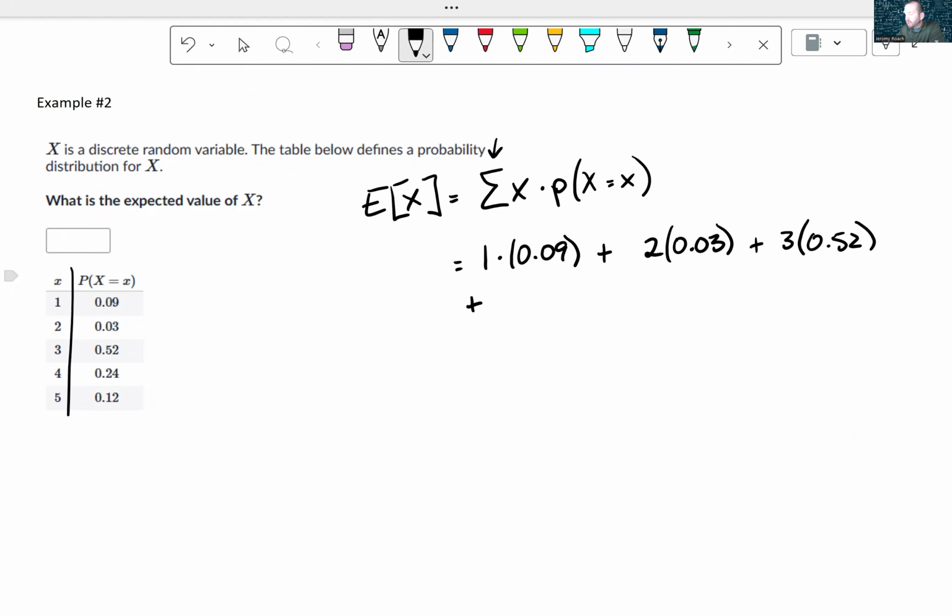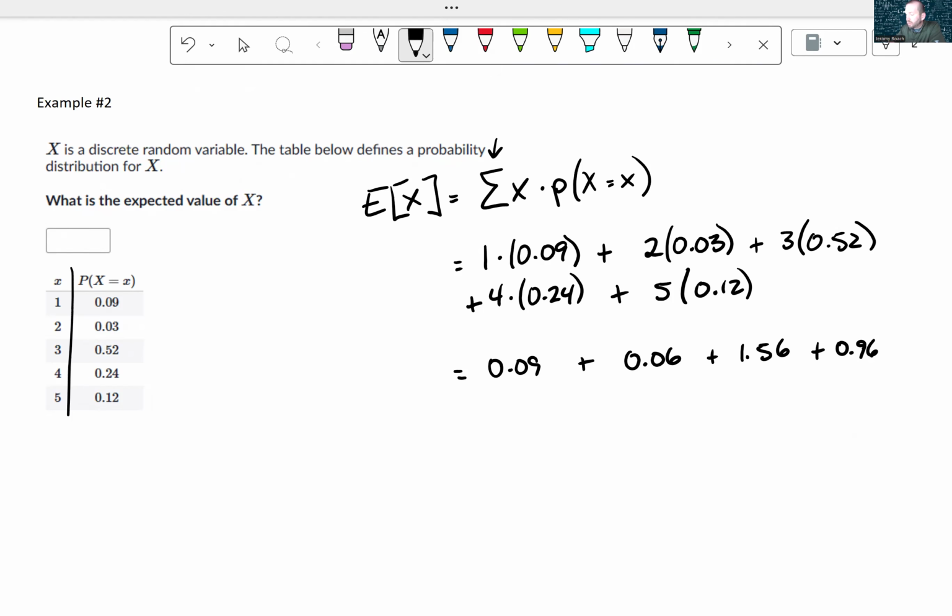I'm going to make a new line because we're out of room there. 4 times 0.24 plus 5 times 0.12. Okay, so when we do 1 times 0.09, we get 0.09 plus 0.06 plus 1.56 plus 0.96 plus 0.6.